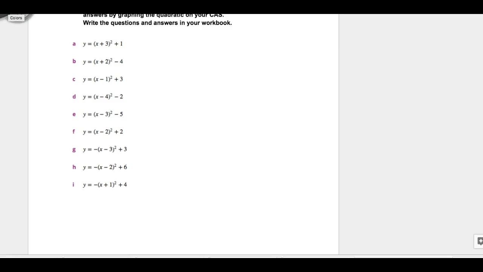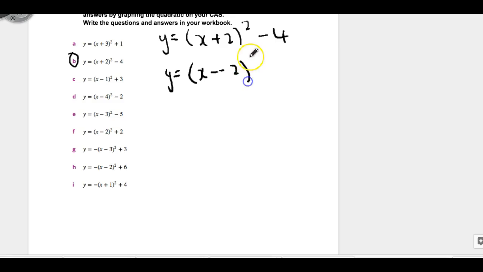All right, so let's start with B. We're going to rewrite the equation: y equals (x plus 2) squared minus 4. Now remember, if you have a plus sign in there, just write it as two negatives. That will prevent you from getting mixed up with your H. We've got to have the negative outside the circle, so there's that one, and there's our K. And if you think, why have I circled that?